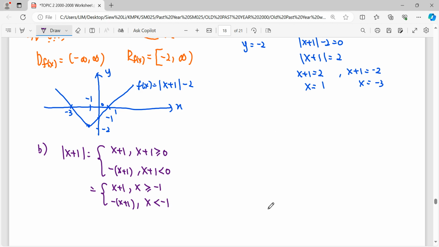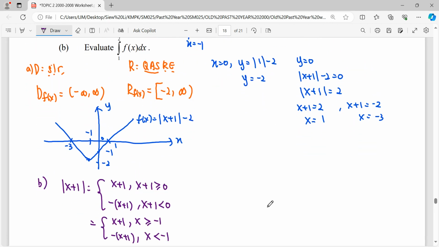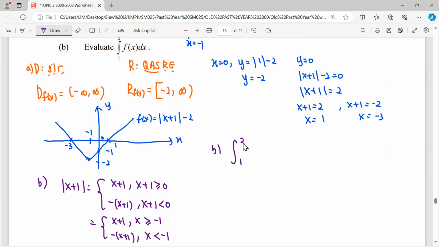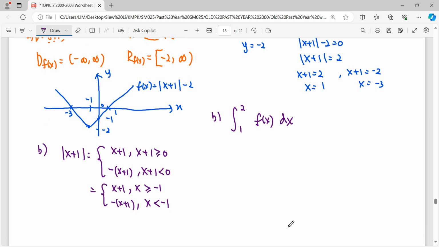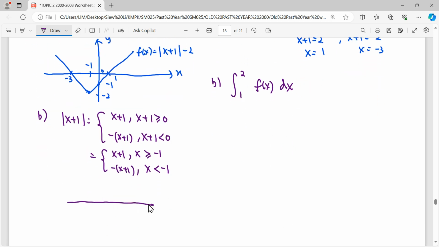So therefore, when we want to find the integral from 1 until 2 for the function, we know that from negative 1, we use positive x plus 1. Less than negative 1, we use negative.